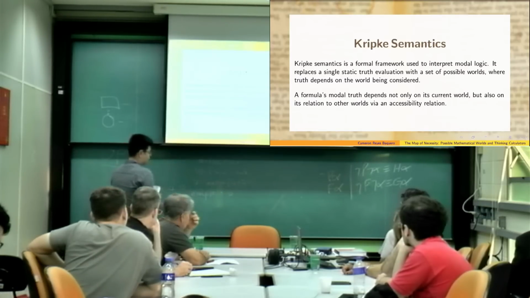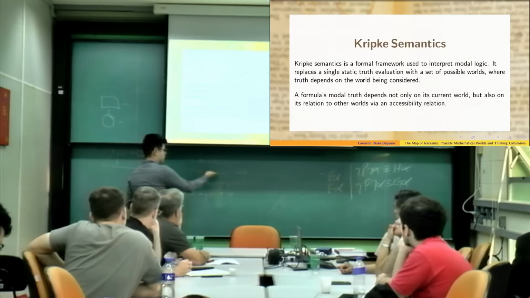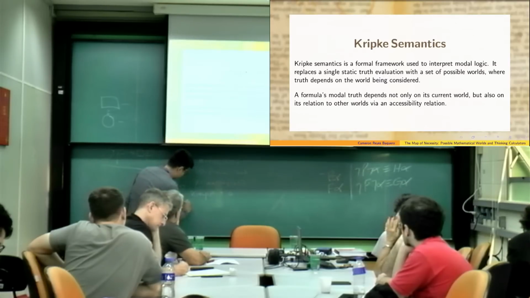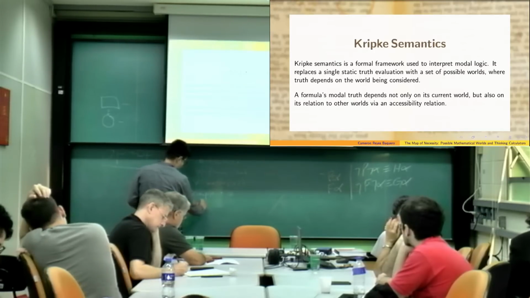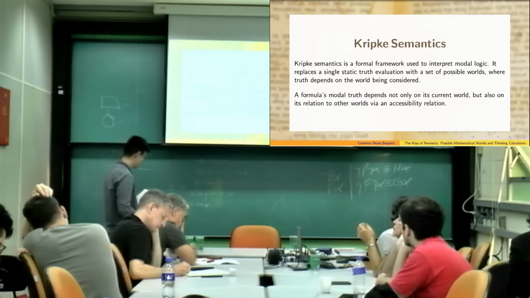This says what is true or not in every natural reality we have in this universe of worlds. And now we have a binary relationship, which just tells us whether one world is accessible from another, between two worlds.